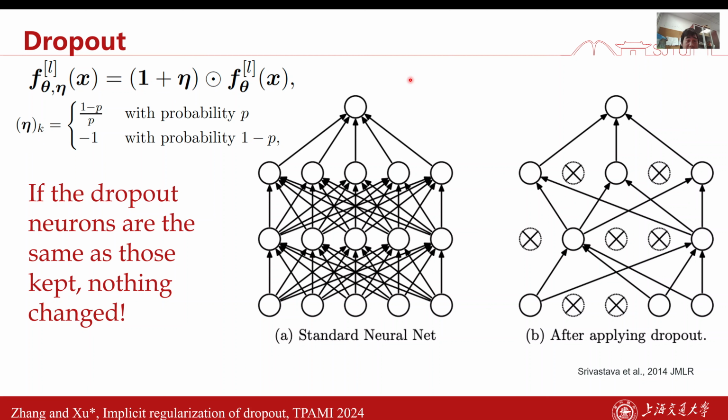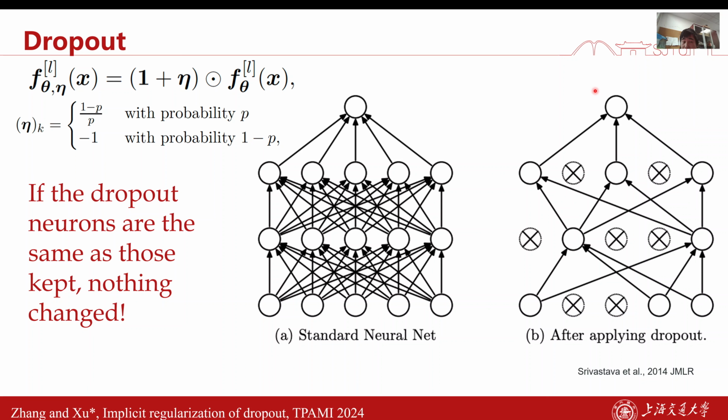So consider a very simple case. If you mask half of the neurons, then the output of the remaining neurons will be doubled. So the expectation of the output will stay the same. And consider a very extreme case: after long-term training, if you want to make this training stable, what should happen?